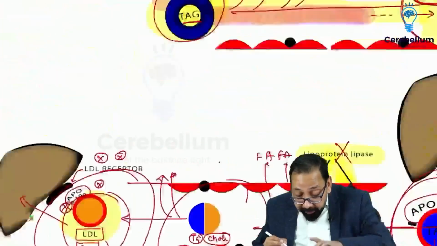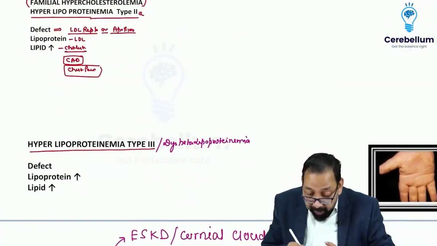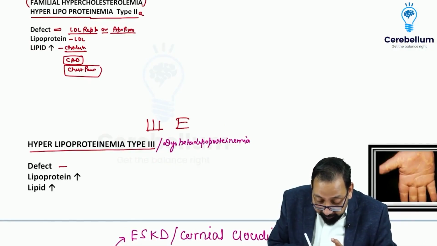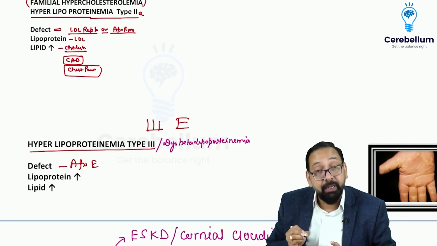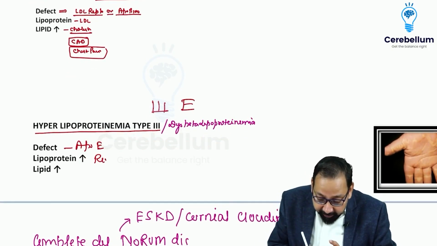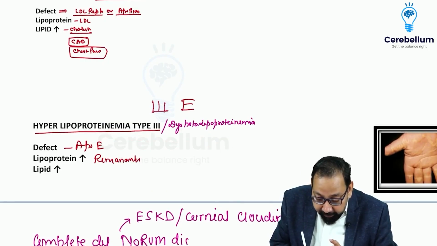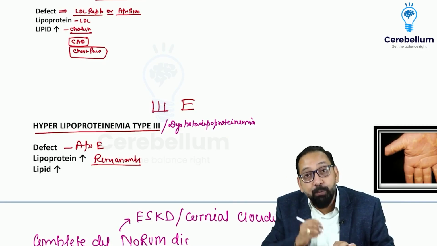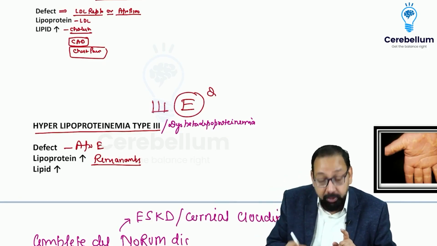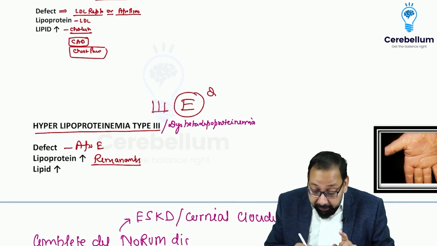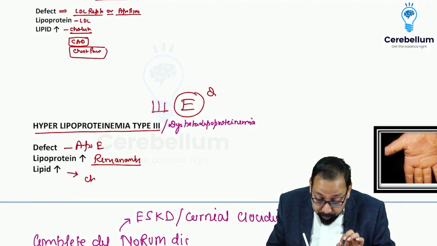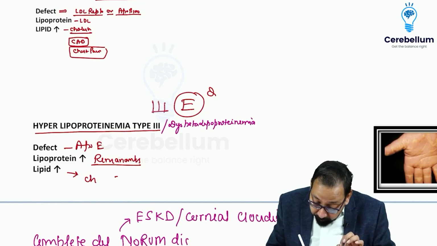So in type 3 hyperlipoproteinemia, 3 looks like E. ApoE is defective. And if ApoE is defective, then remnants are increased. It may be chylomicron remnant or VLDL remnant. Both are metabolized by ApoE. Question: if ApoE is defective, remnants are increased. Remnants have both cholesterol and triglyceride.